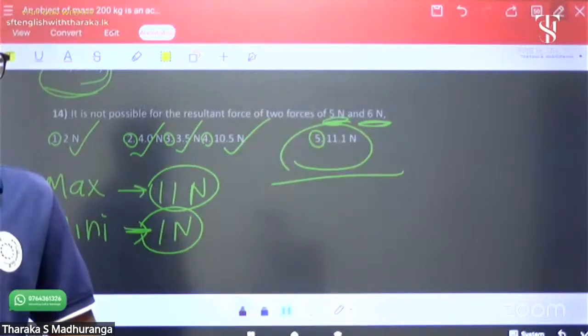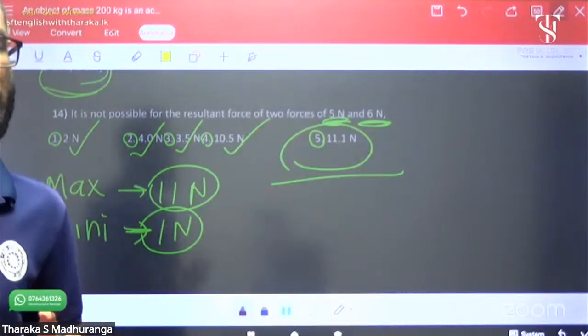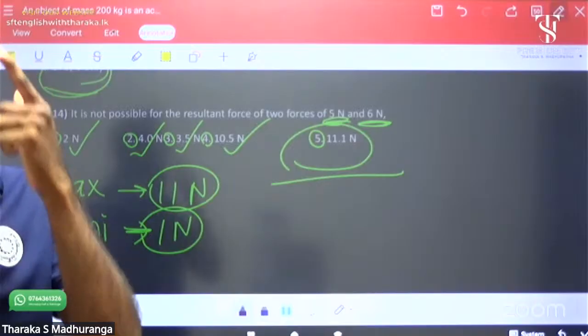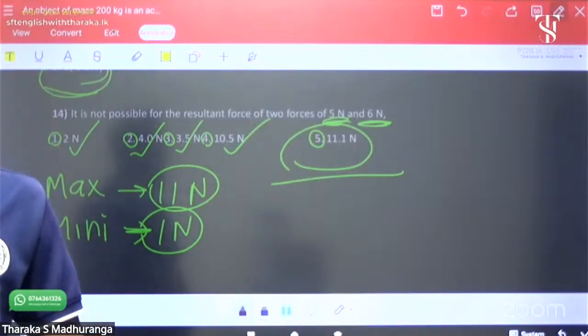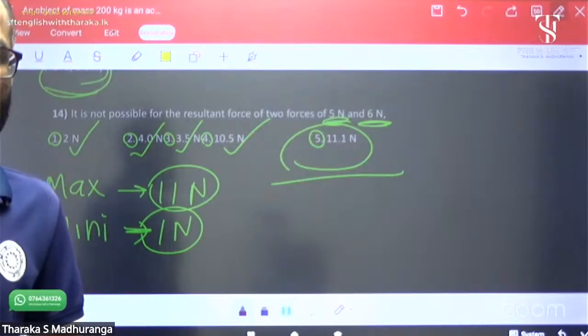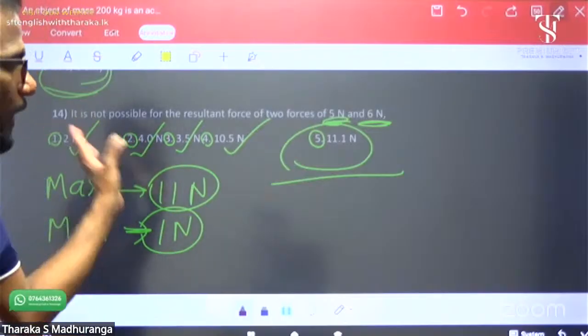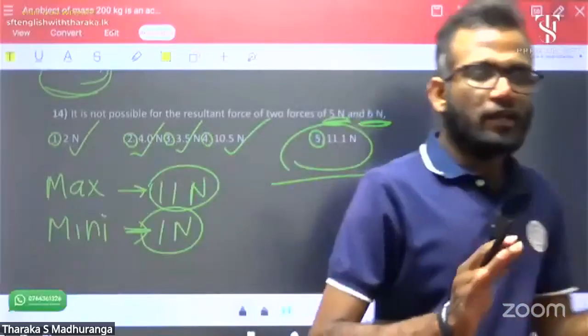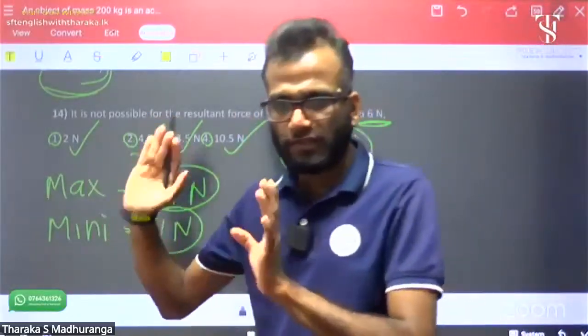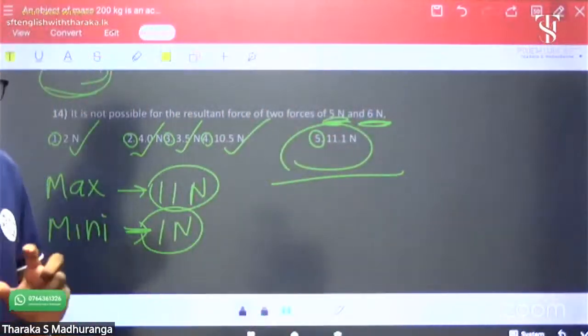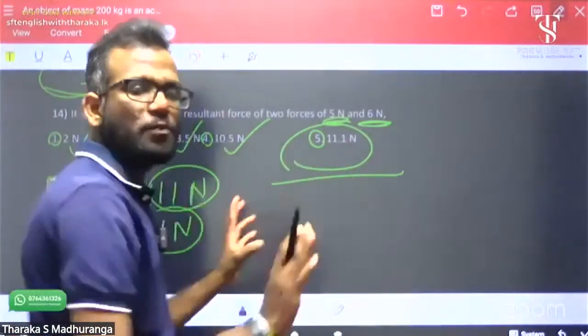Okay, you don't need to find everything. Select the maximum and minimum, then you can get the answer. For any angle, the resultant force of this 5 and 6 is always between 11 and 1. But 11.1 is not possible.